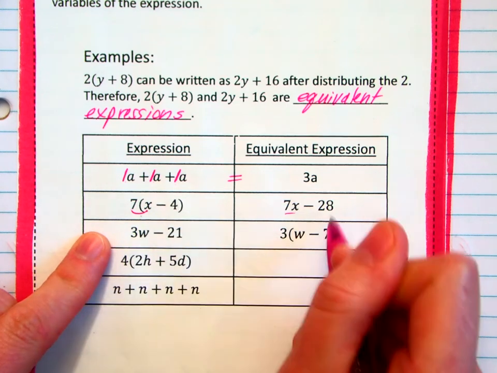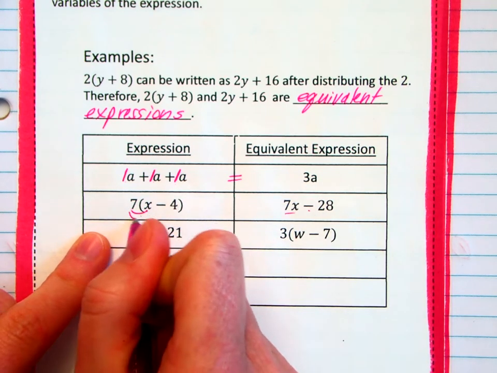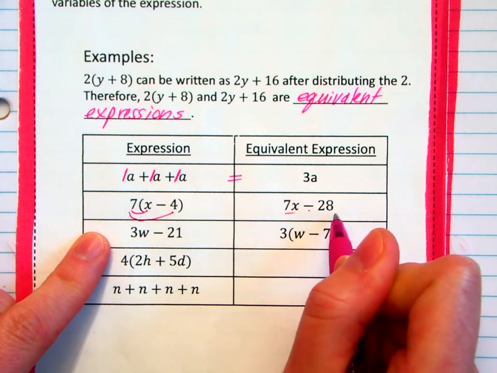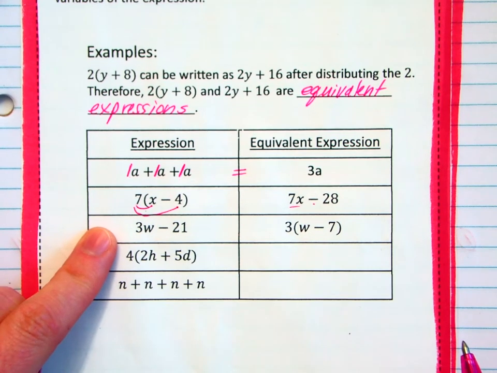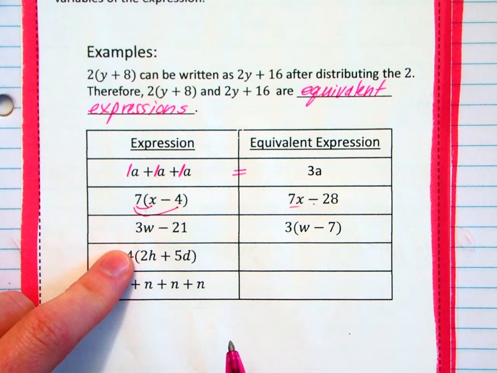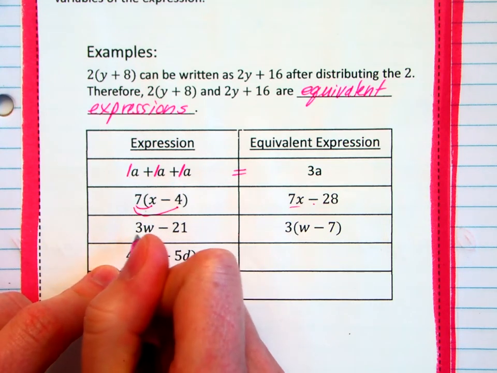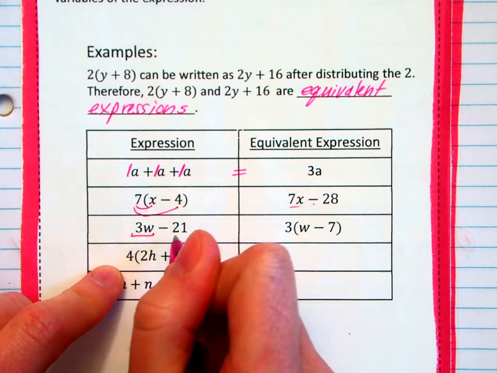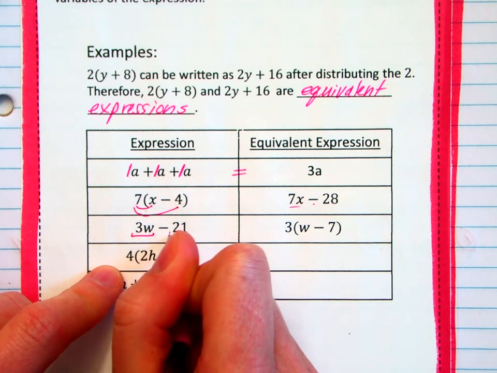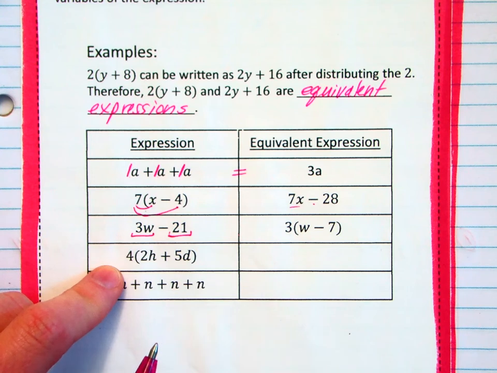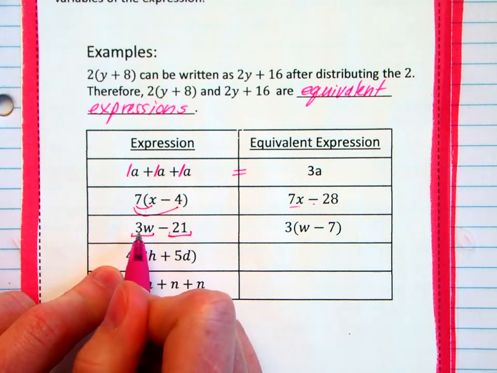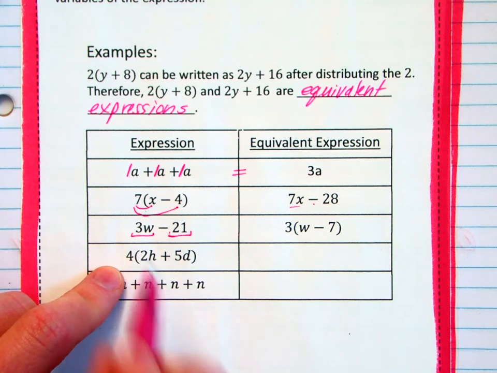Careful, that's subtraction. Then 7 times 4. 7 times 4 is the value 28. Here they did something called factoring. They said, who is a factor that can go both into 3w and into 21? Well, 3 can go into 3w, and 3 can fit inside as a factor for 21. So the greatest common factor between 3w and 21 is 3.